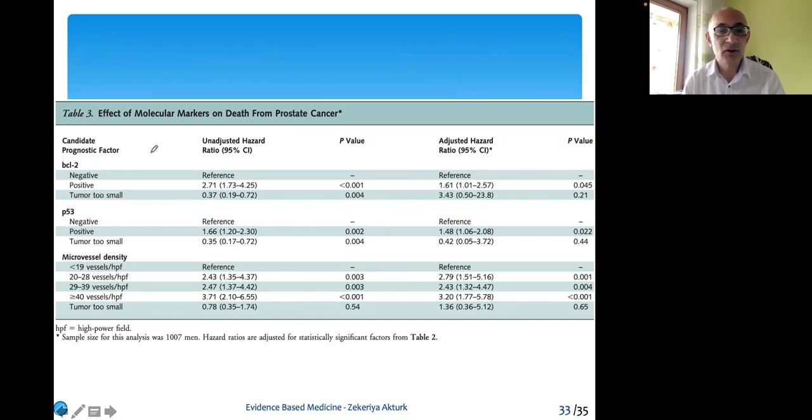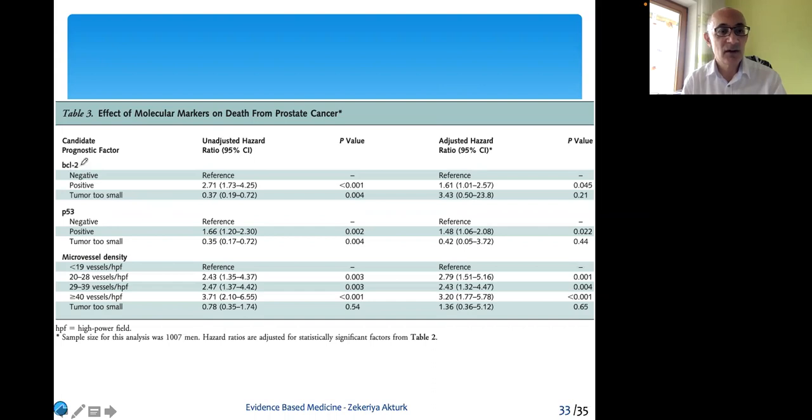Table 3 is about the effect of molecular markers on death from prostate cancer. They did a regression analysis, unadjusted and adjusted, so of course we focus on the adjusted hazard ratios.